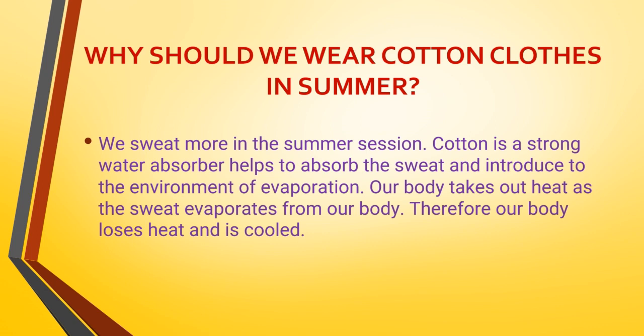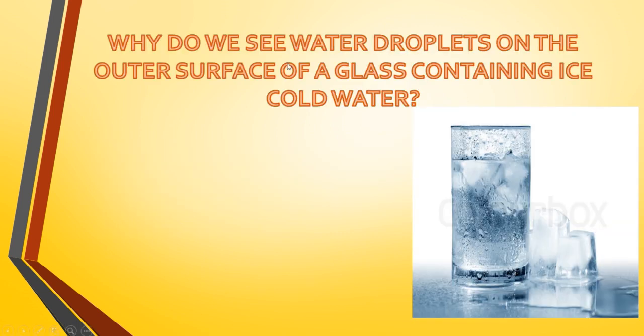As we sweat in summer, the water needs to be absorbed, and that's why cotton clothes are the best in summer seasons. Now, why do we see water droplets on the outer surface of a glass containing ice cold water? We discussed this previously with the earthen pot example.